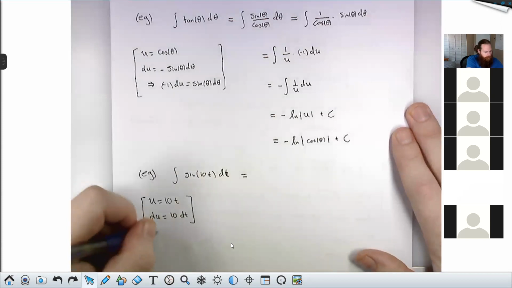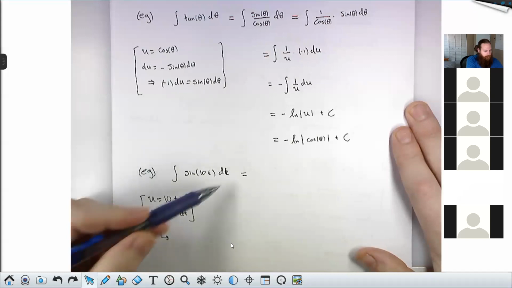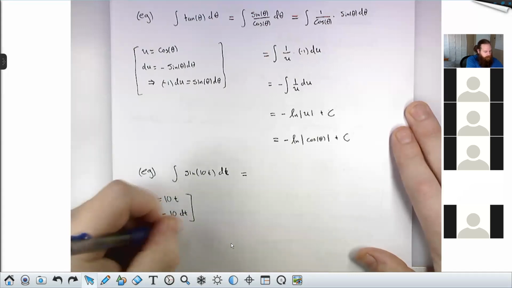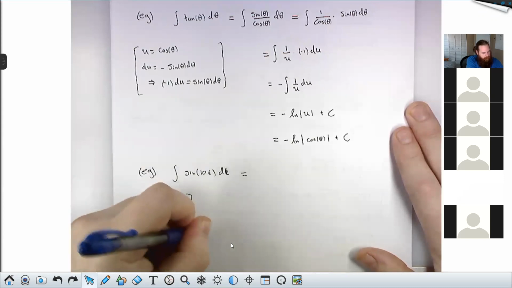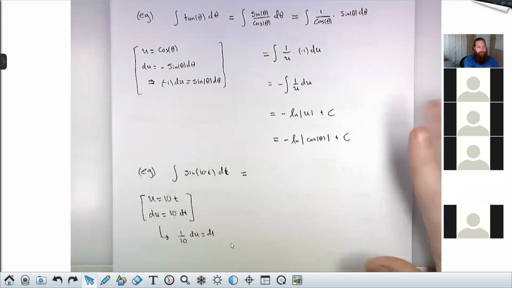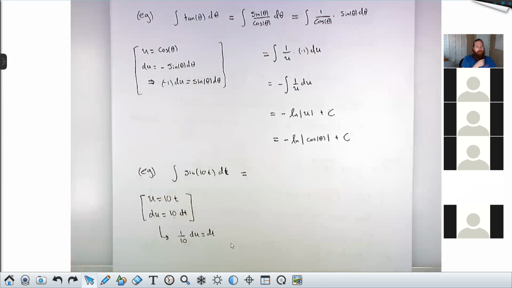There are different ways people think about this. One of them is to solve for dt. If I solve for dt, I can try just plugging in. So this is the same as saying 1/10 du is equal to dt. So in place of dt, I can write 1/10 du.